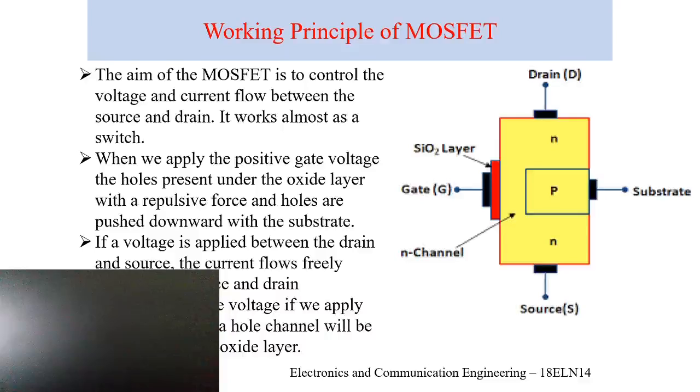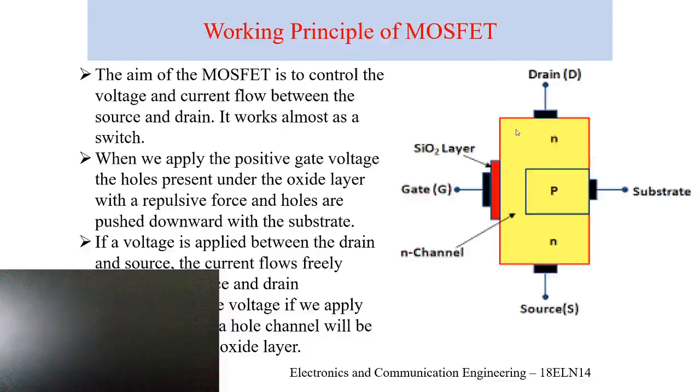Instead of a positive voltage, if we apply a negative voltage, then holes are created in the channel, and a hole channel will be formed under the oxide layer. So the representation of the MOSFET is here.